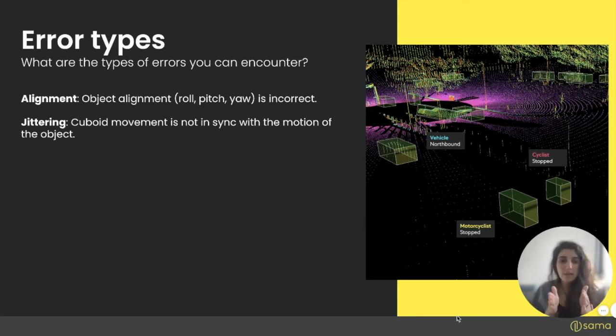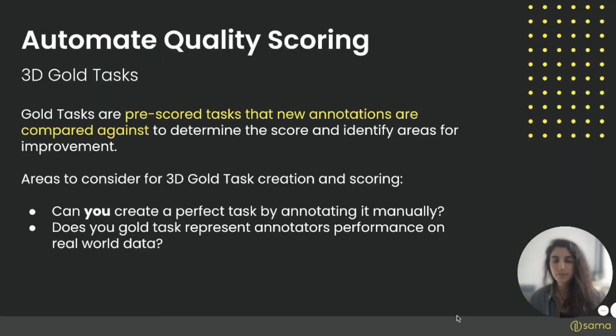Sometimes the cuboid could go up or down, and if the object is moving in a line and you don't have really good annotation practices or annotation tools, that cuboid could move up or down, and that's a jittering movement that is not really happening. So you really have to take that into consideration and make sure that the object is actually moving properly.